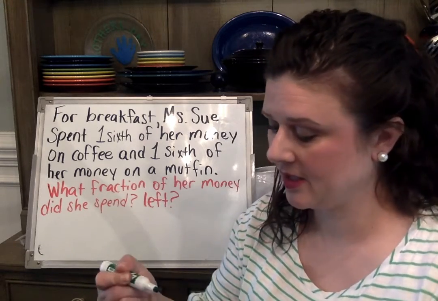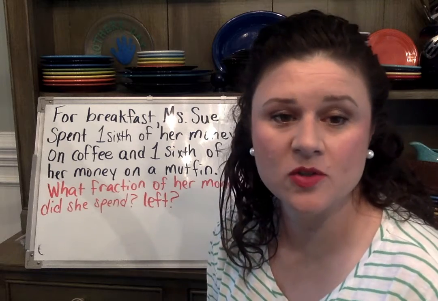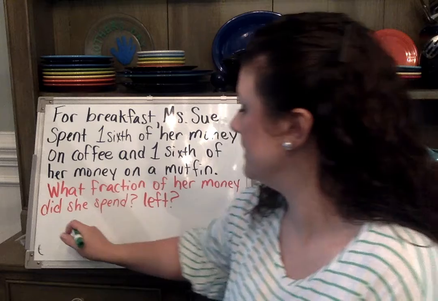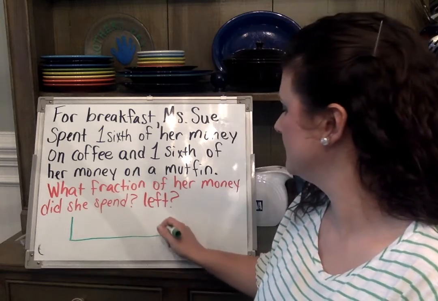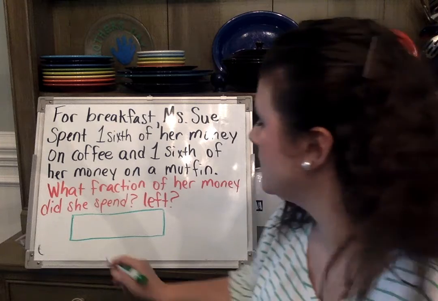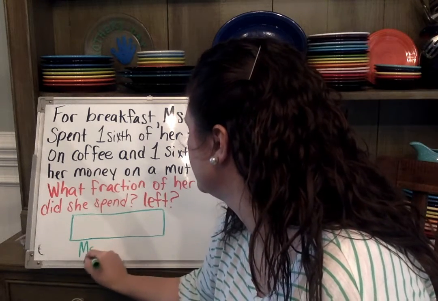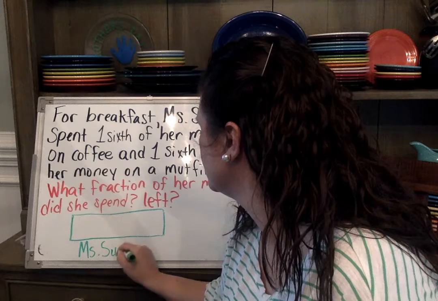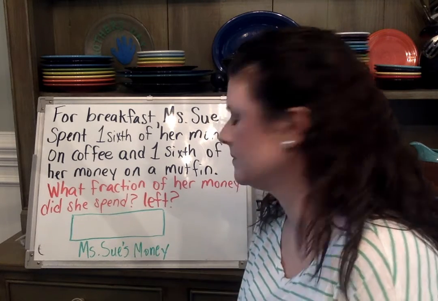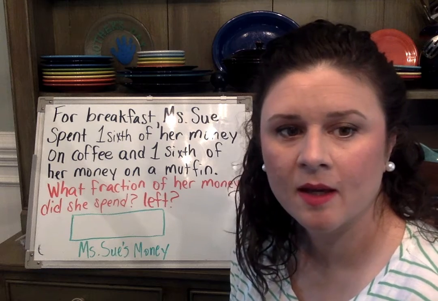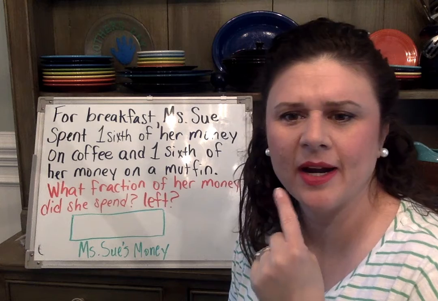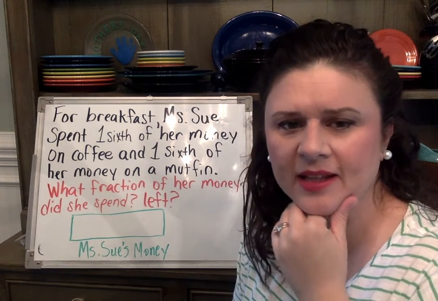Okay, the first thing I always tell you to do is to draw a picture to help you. Here we don't know what the whole is. We just know the whole is Miss Sue's money. What would I divide this into to figure out how much she spent and how much she had left?